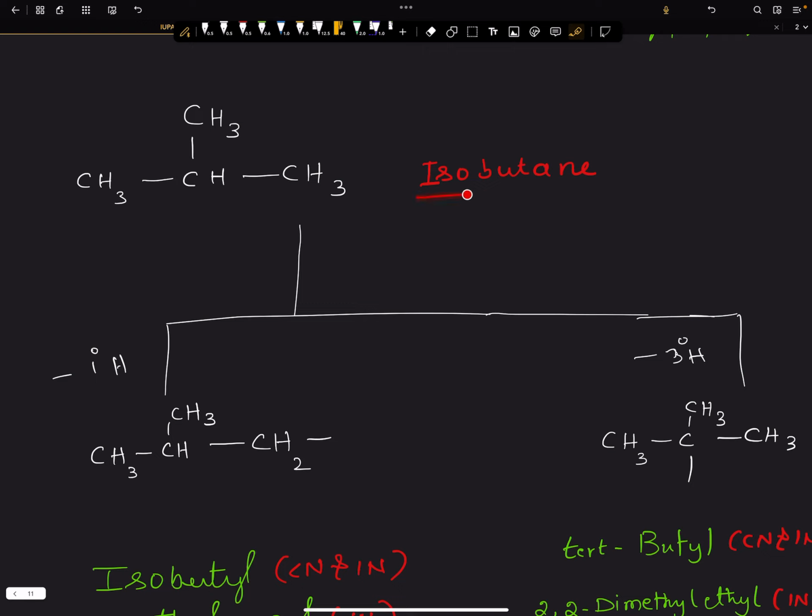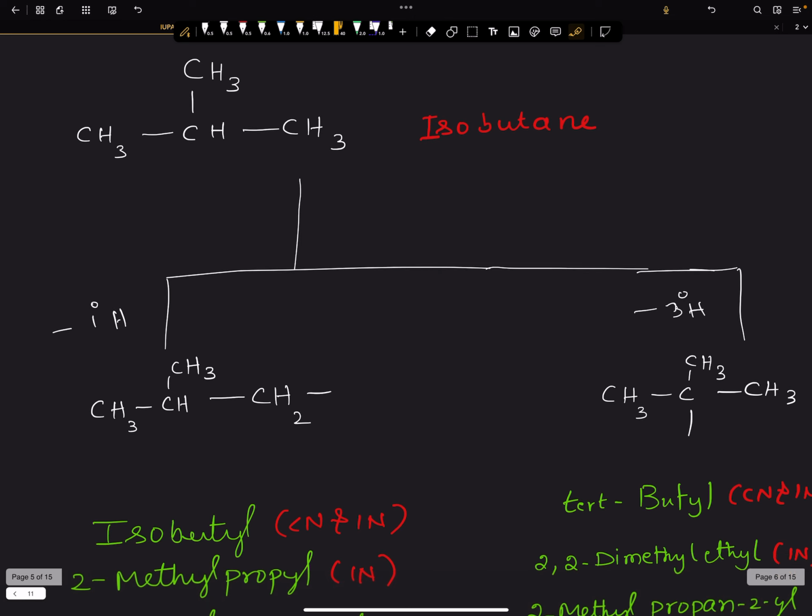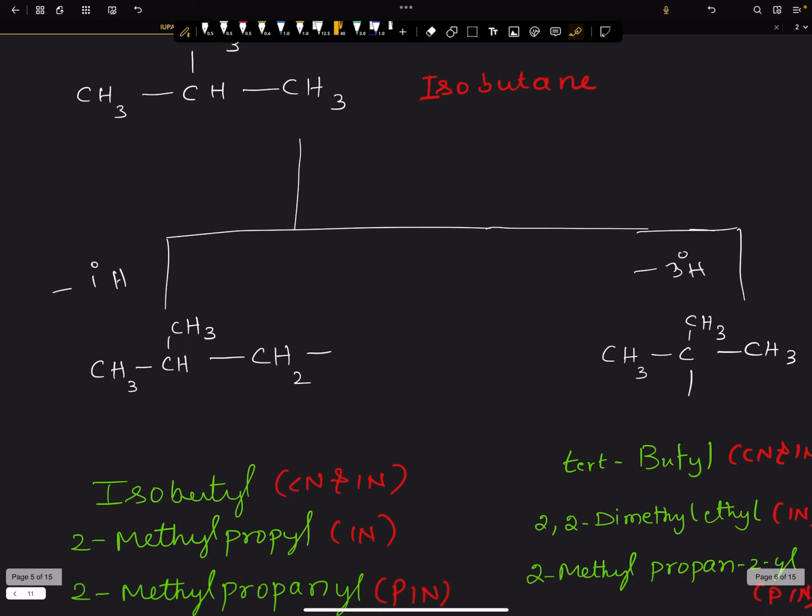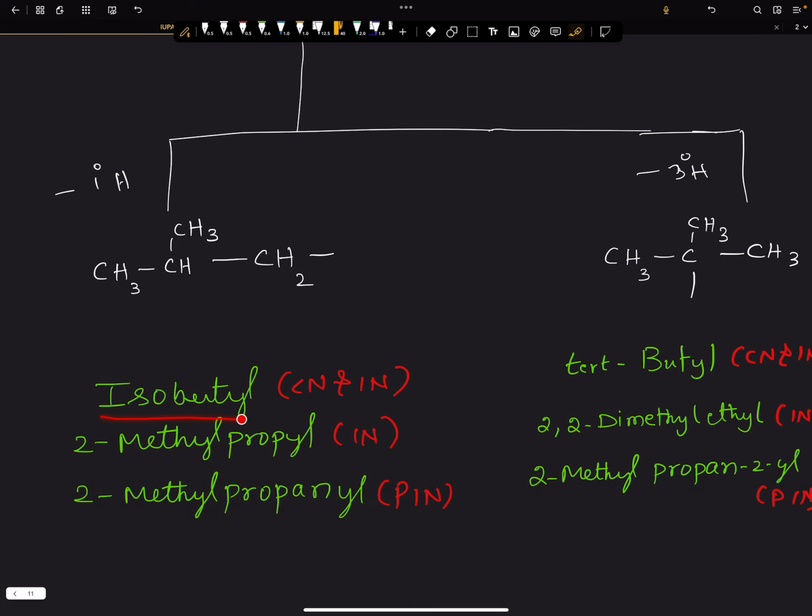Now consider isobutane, CH3 CH CH3 CH3. Here it is a primary carbon, and this is a tertiary carbon. Removing hydrogen from the primary carbon gives CH3 CH CH3 CH2, which is called isobutyl, which is common name as well as IUPAC name.